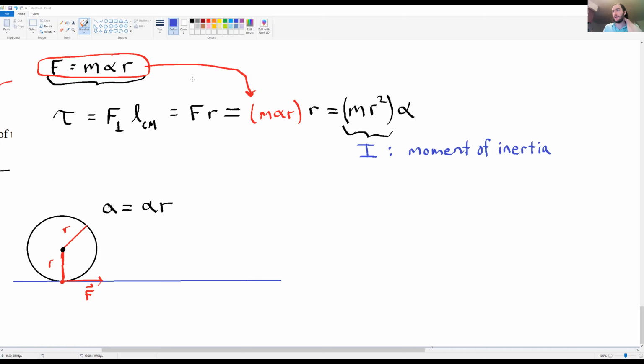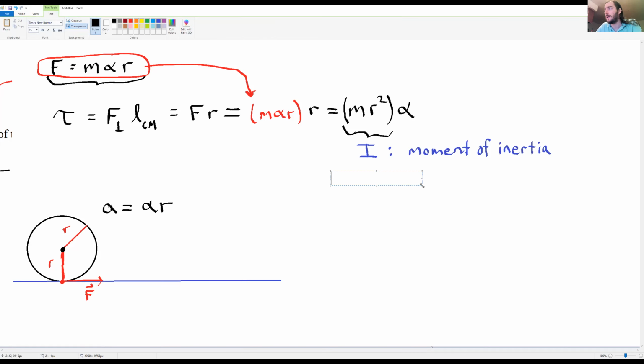In this case, the more moment of inertia an object has, the harder it is to change its angular motion or its rotational motion. So let's go ahead and put that in writing, because that's a concept we really want to make sure we can wrap our minds around. If we can understand that, it really helps us do these problems.